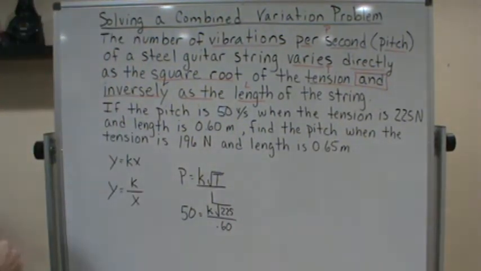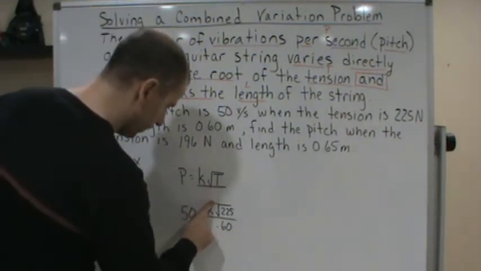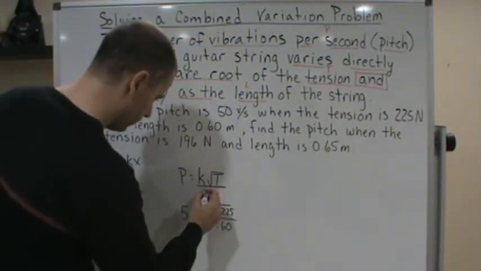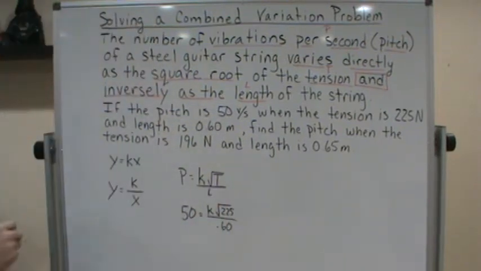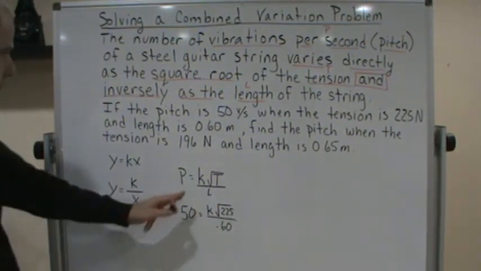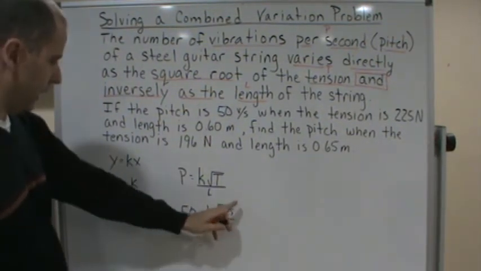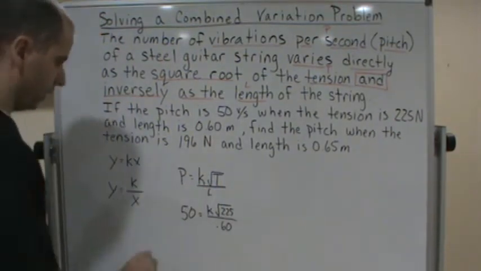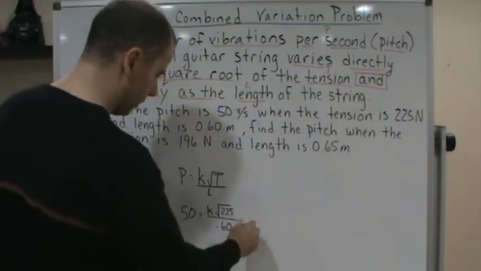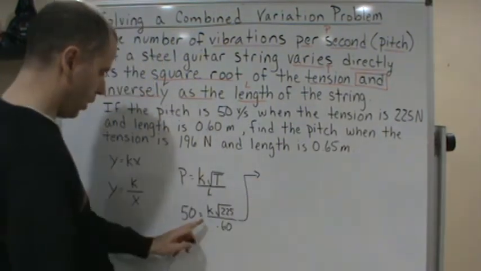So we put 225 newtons for the tension, divided by the length, 0.6 meters. Now we've got the information they gave us, and we're going to solve for k.